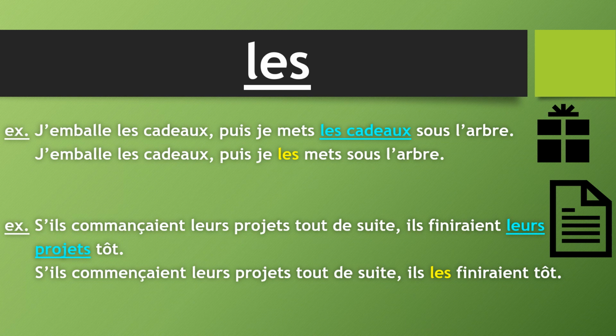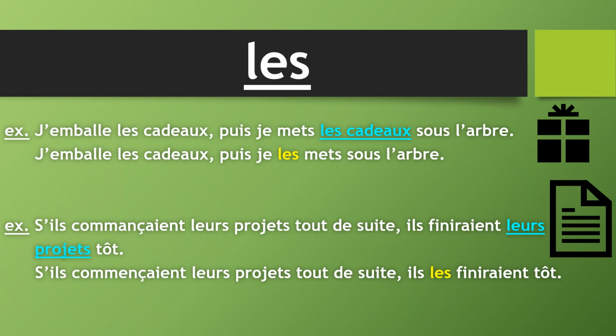Let's take a look at the two examples that you see before you. Premier exemple. J'emballe les cadeaux, puis je mets les cadeaux sous l'arbre. I wrap the presents, then I put the presents under the tree. To avoid repetition of les cadeaux, you would replace it with the pronoun les.